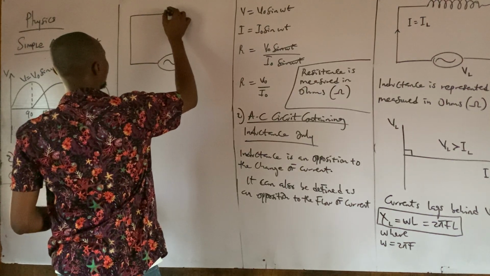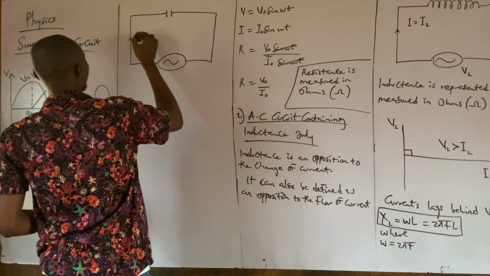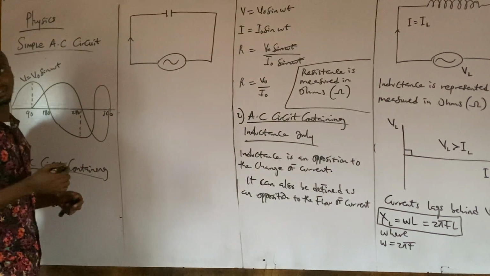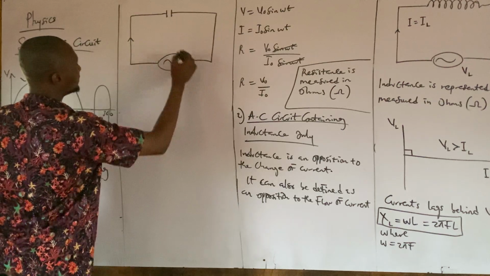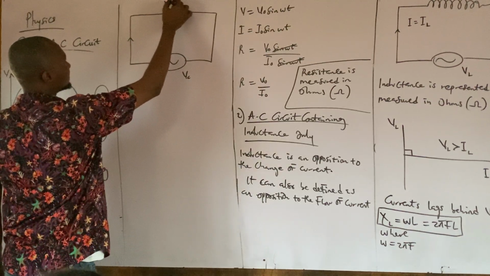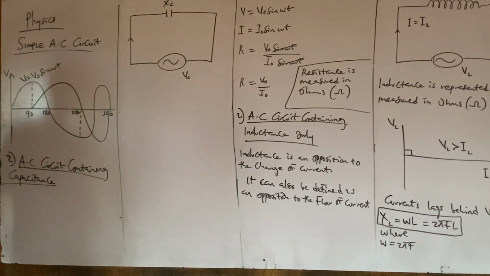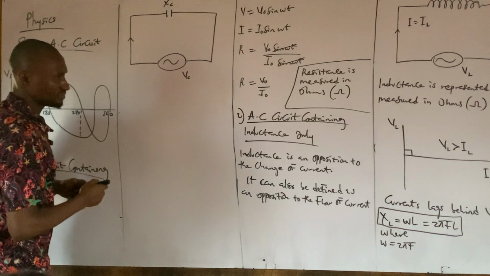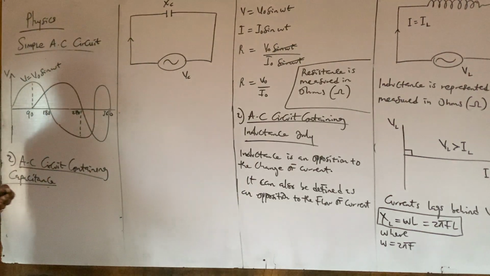So now, this is it. We use this to represent capacitance. So we can call this VC, and here is XC. Are you there?